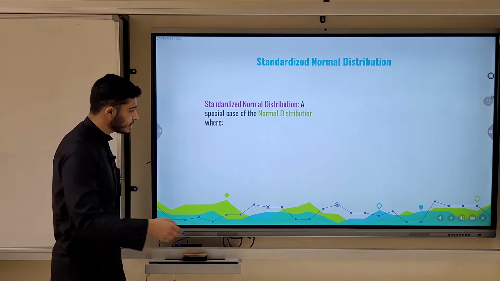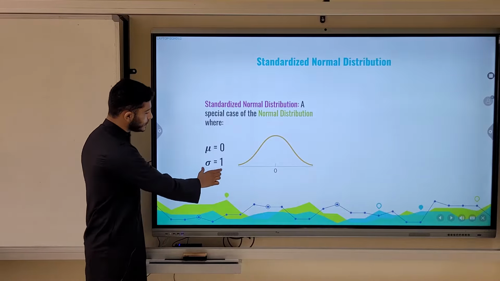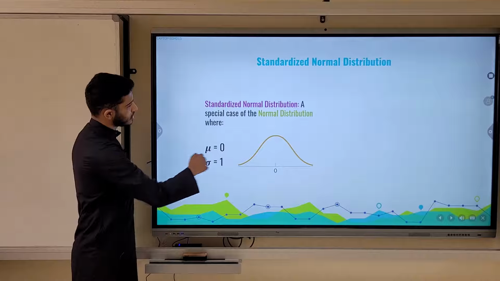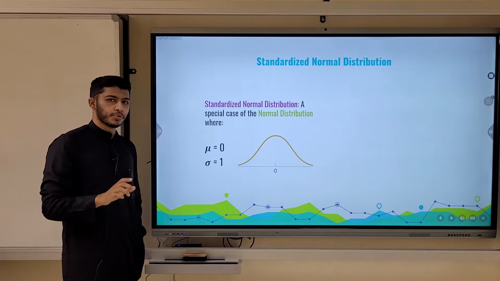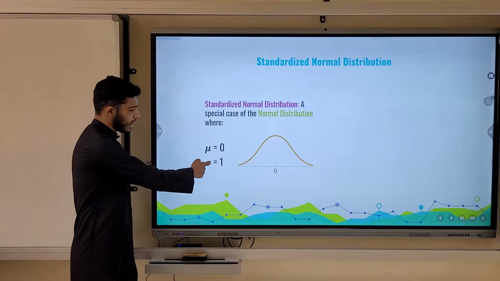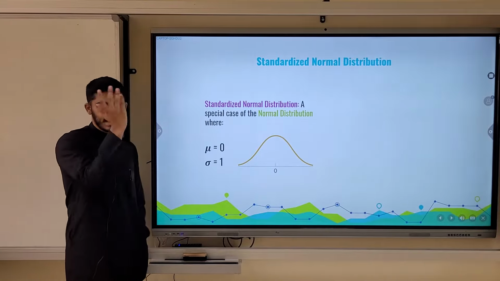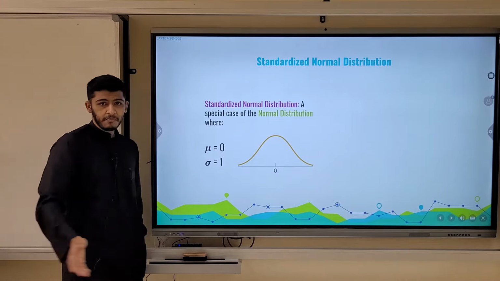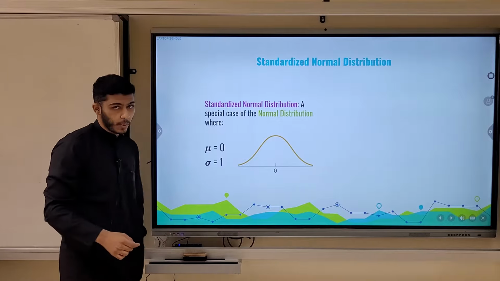What is special about it? The parameters. We have mu equal to 0 and sigma equal to 1. This is how it looks. So, if we have a distribution that does not have these parameters, we can force it to have them. If it has a mean of a million or a standard deviation of 7 billion, we can force the mean to be 0 and the standard deviation to be 1.